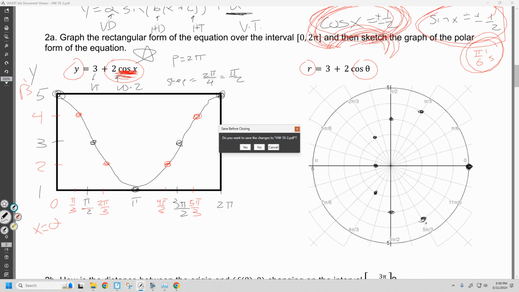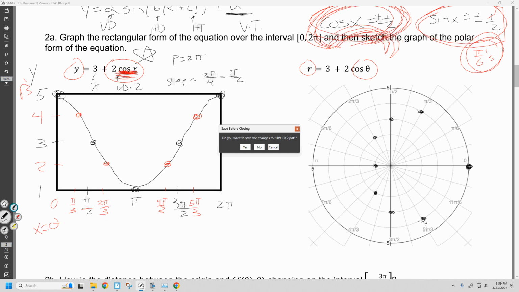It's right here. That means when I connect these 2 points, I need to be between the radius of 4 and 5. If you connect with a straight line, you are crossing through that radius of 4, and you are saying, oh, at the angle pi over 6, I have a radius that's less than 4. That's not correct. At the angle between 0 and pi over 3, my radius is between 5 and 4. So I need to stay in this channel here when I connect these 2 points.